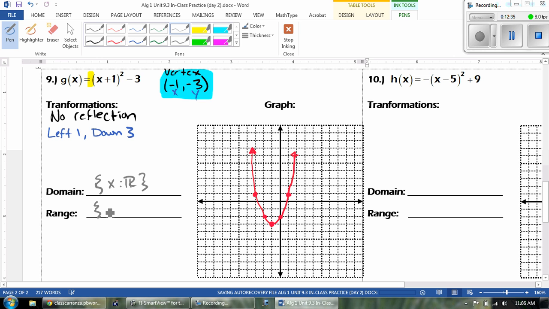Now, for y, though, there's a limit. What's the lowest our graph goes? Yeah, it doesn't go below -3, but it goes higher because that's which way our graph is going. So y is going to be greater than or equal to -3.